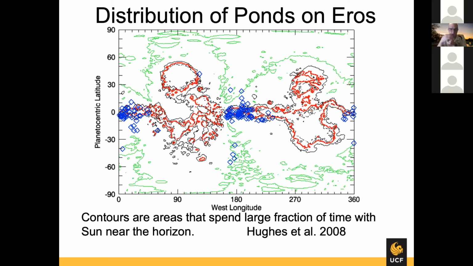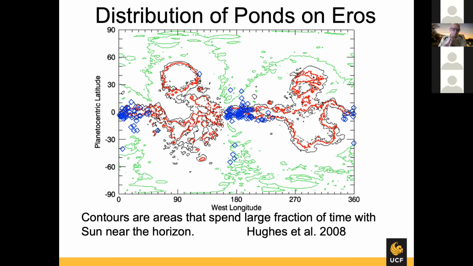It's got photoelectrons being emitted from the surface adjacent to a nighttime dark surface that does not have that photo emission. And then you can get strong localized electric fields, which potentially could enhance the mobility of dust at those locations. And the blue diamonds are the locations of the observed ponds on Eros.